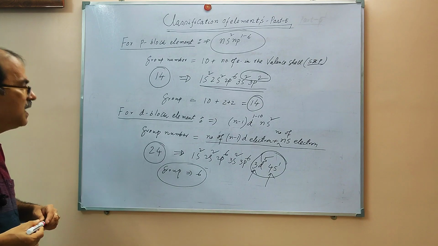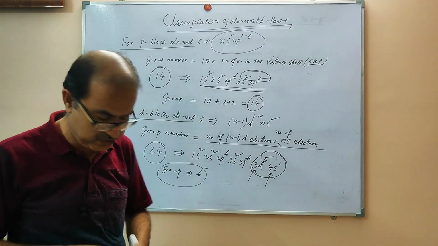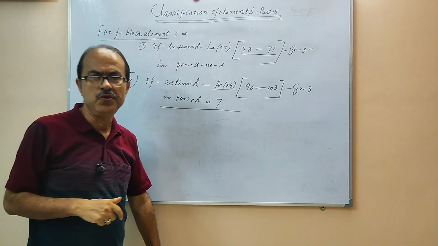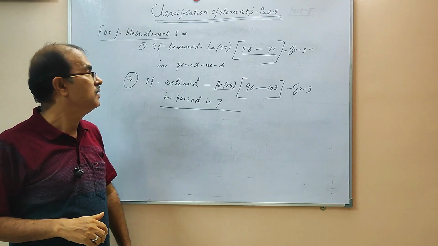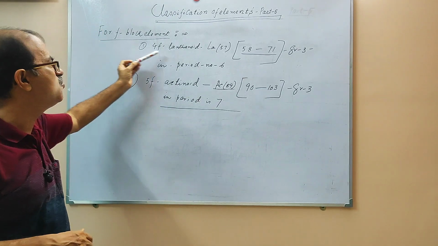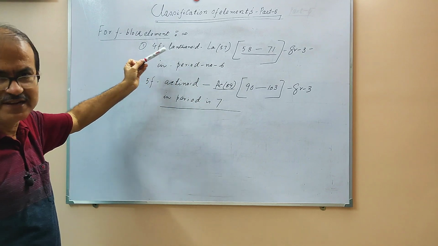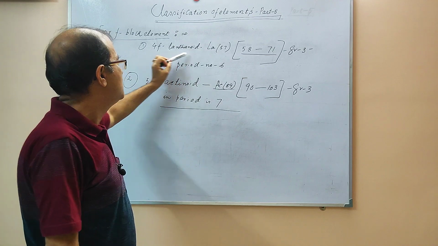Okay. Now we will understand the last thing, that is the f block element. Now we are going to discuss the f block element. There are two f block series. One is the 4f inner transition series, the lanthanoid series.